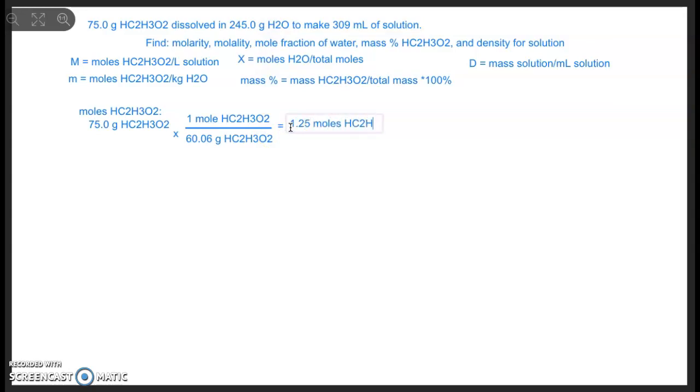Now I also know that I'm going to need moles of water for mole fraction, so I'm going to take care of that here as well. Moles of water: I have 245.0 grams of water. Molar mass of water is 18.02.